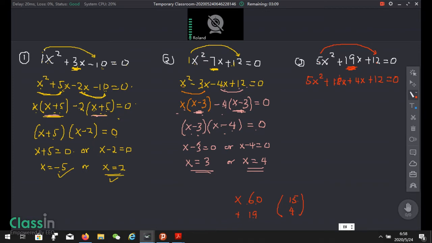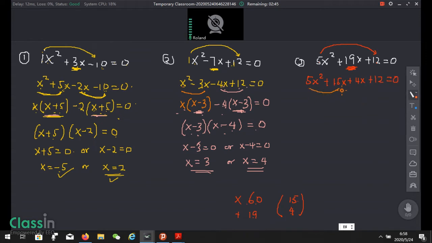These two equations are the same because 5x squared plus 19x is the same as 5x squared plus 15x plus 4x, since 15x plus 4x is also 19x. We got plus 12 equals 0. So these two equations are the same. Now we can factorize.